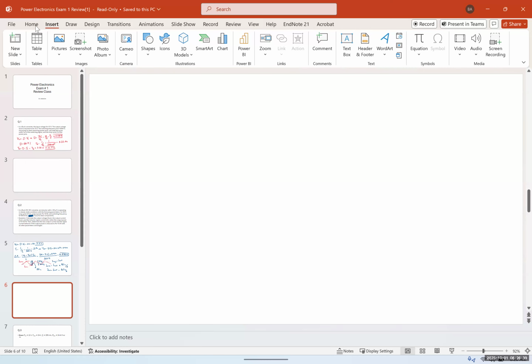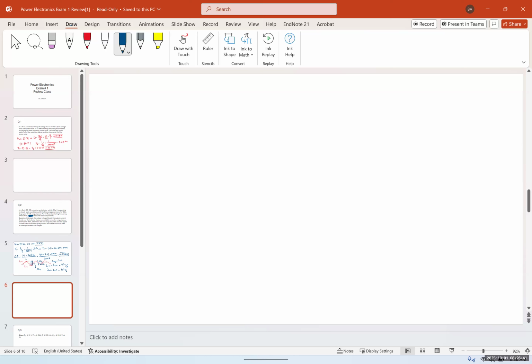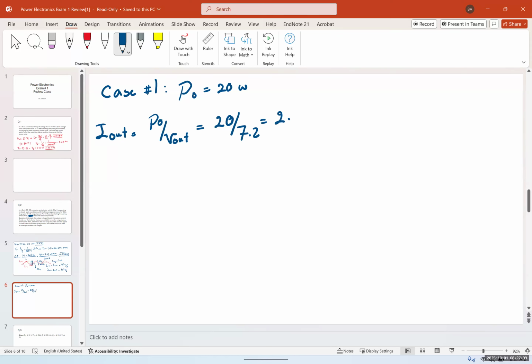Now, for case number 1, when the output power is equal to 20 watts. So I out would be equal to the output power divided by the output voltage. So 20 divided by 7.2 volts gives us 2.78 amps.